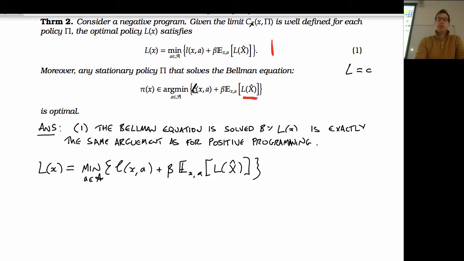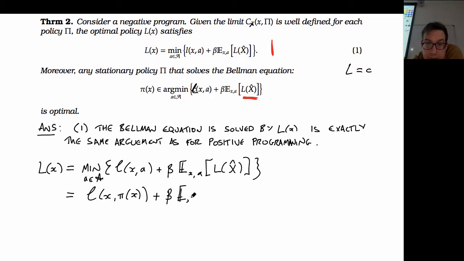Then we can say, well, I don't need to choose the minimum over all the actions because I've got one specific value, pi of x, which achieves this minimum. So I'm just going to substitute that in. And note there's no inequality here, it's equality. That's important. That pi of x.